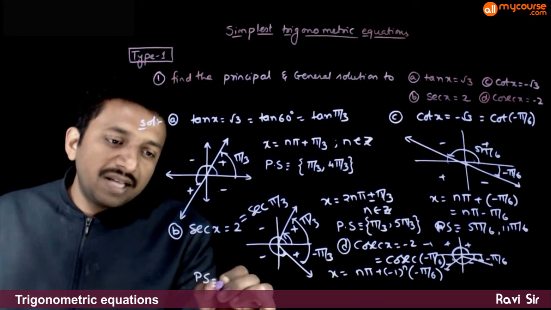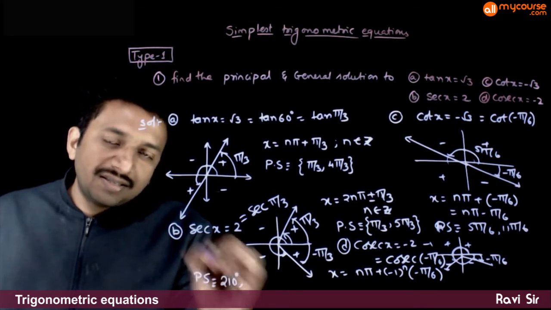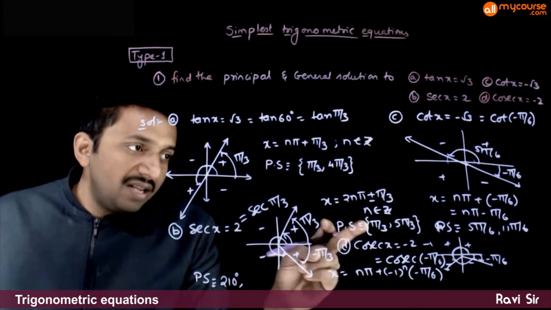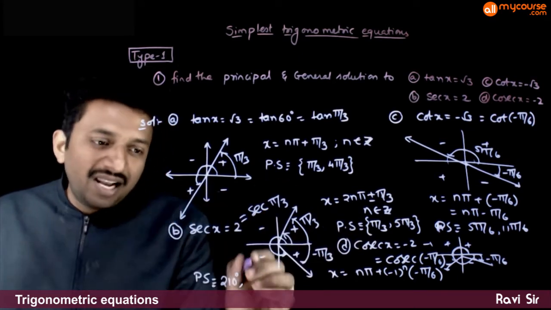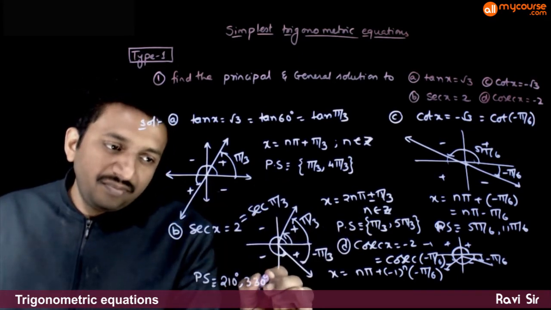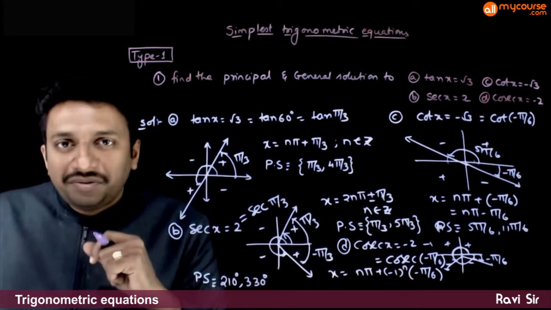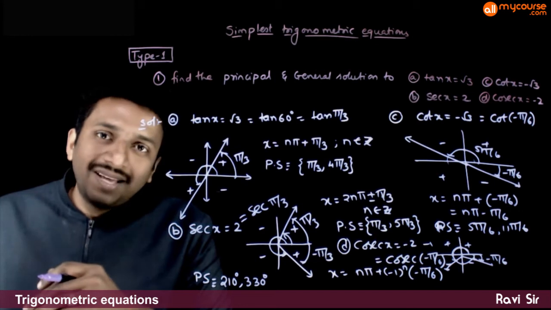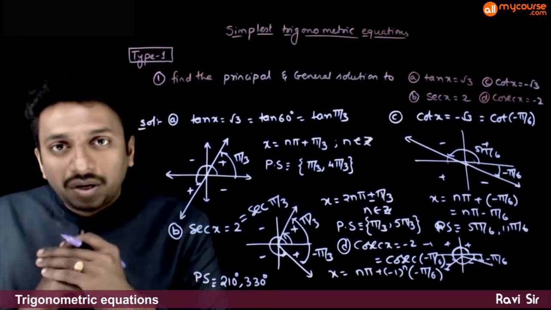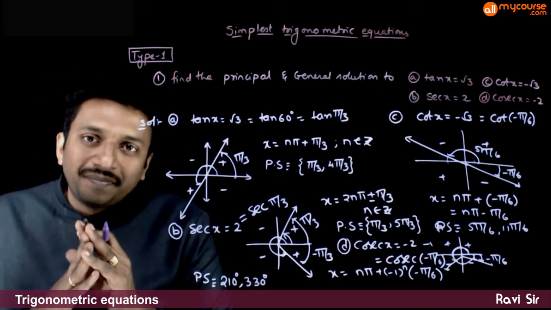So the principal solutions are 210 degrees or 7 pi by 6 and 330 degrees, 11 pi by 6. So these are the principal solutions. This is the general solution. So this is how you analyze questions of type 1 if numbers are given.